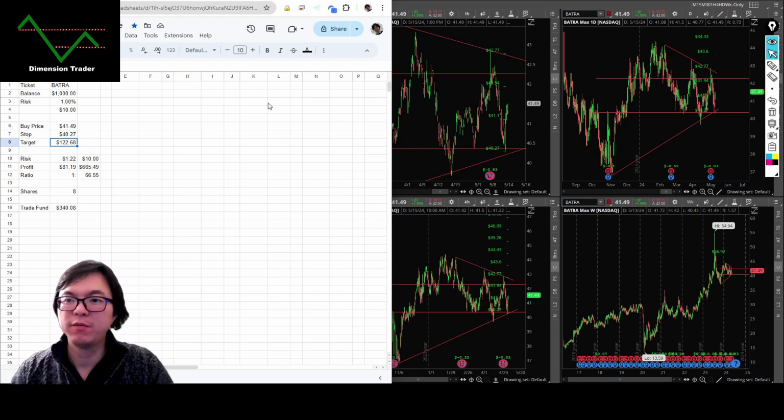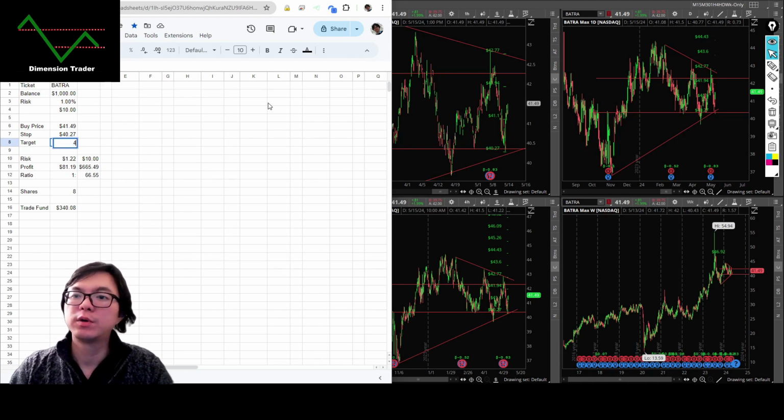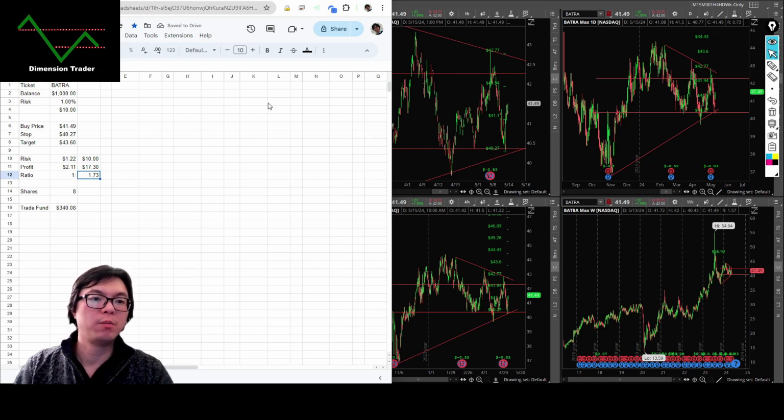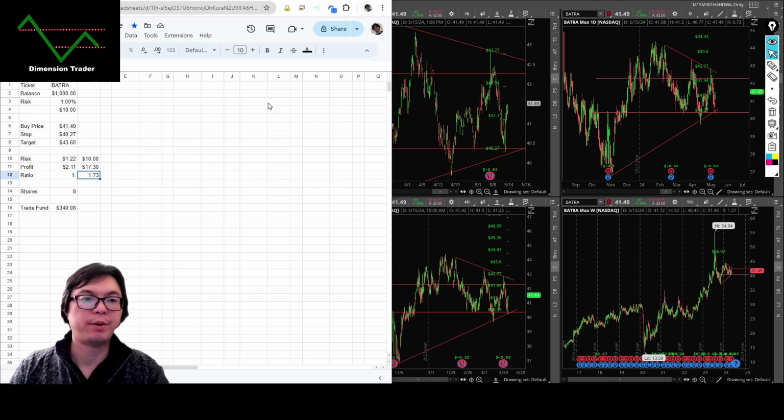So let's aim for 42, no, let's go 43.60. So our reward to risk ratio is about 1.73, so almost 1 to 2, depending on when you pick your entry.